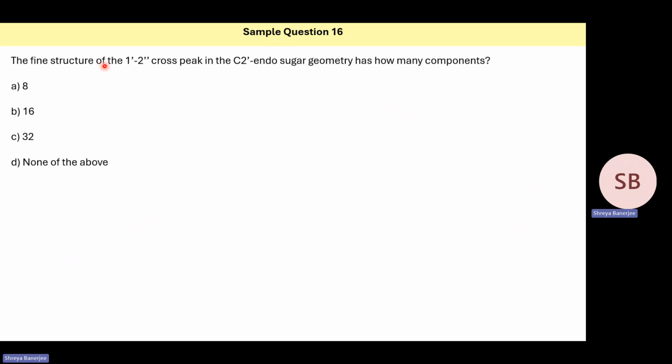Now the question is asking: the fine structure of the 1', 2' cross peak in the C2' endo sugar geometry has how many components?